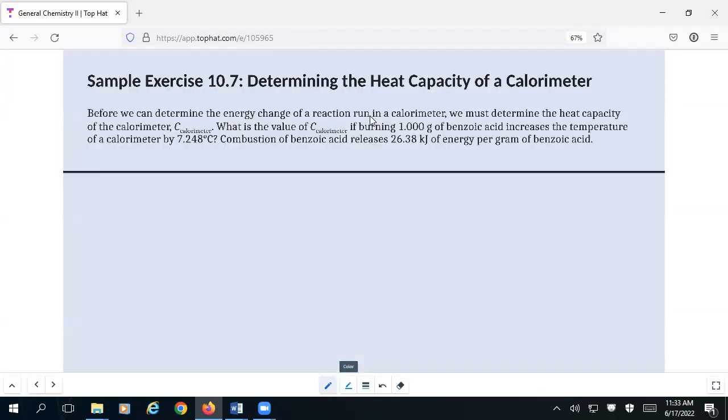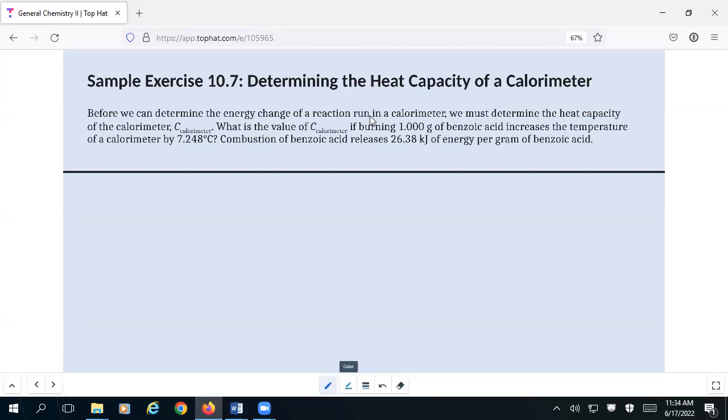So a calculation like this becomes possible, where if we're trying to figure out the heat capacity of the calorimeter, we can do a reaction where we know the energy released, and then we can figure out how much energy it absorbed.